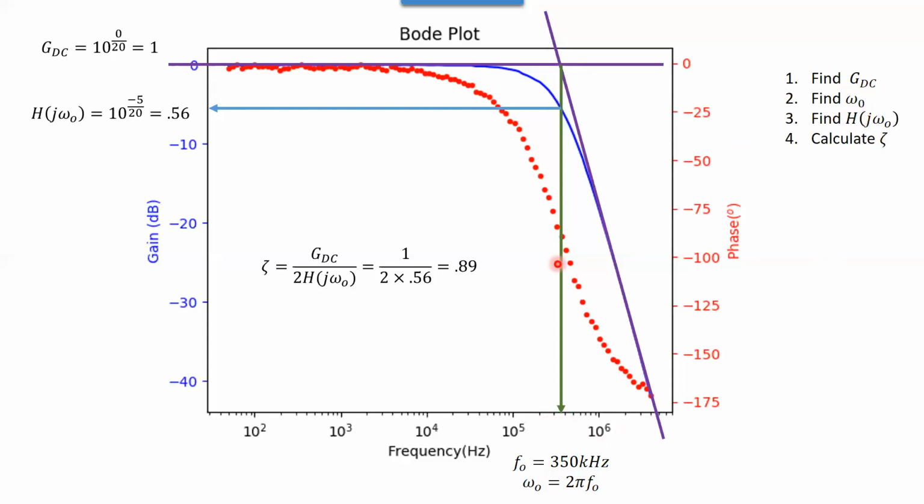So now I come back up, read here, and it was minus 5 dB. So when I calculate that out, it's 0.56. When I put that in the damping factor, I get something slightly underdamped. So great. I have identified the system from a measured Bode plot.